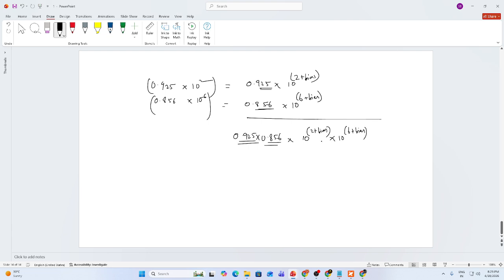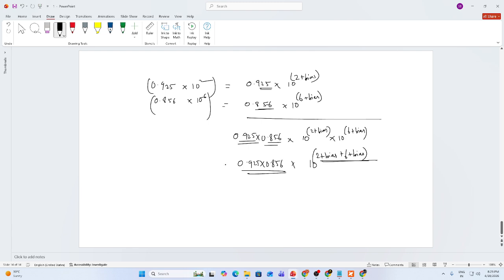So I need 0.925 into 0.856 into 10 power 2 plus bias plus 6 plus bias. For multiplication of two floating point numbers, I just multiply the mantissas and add the exponents.